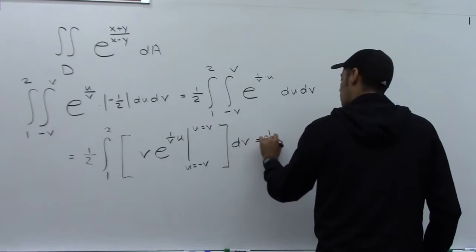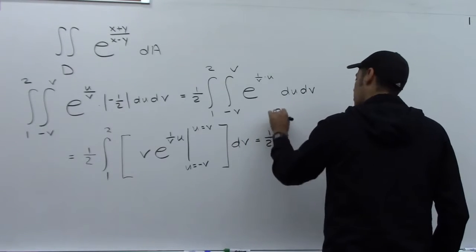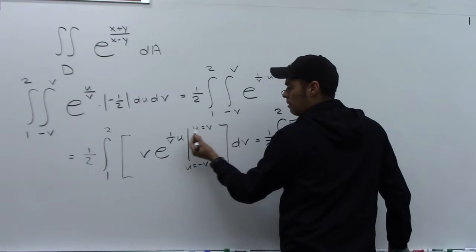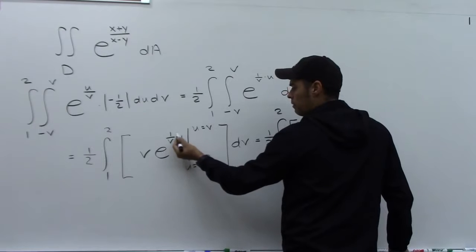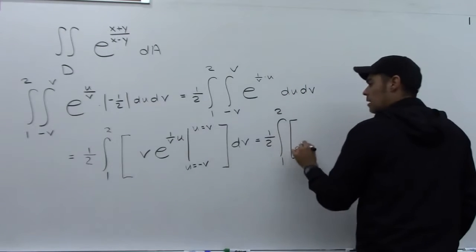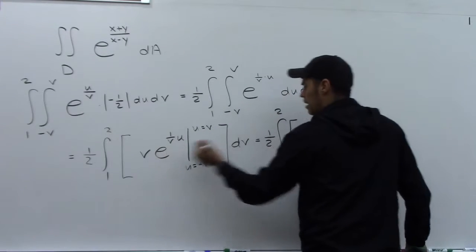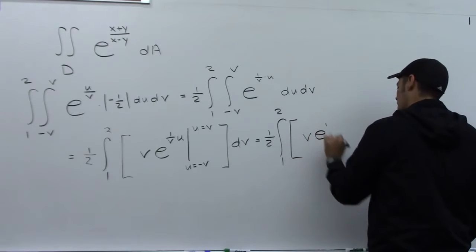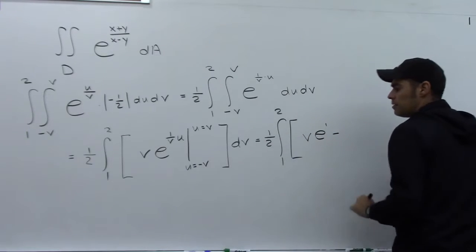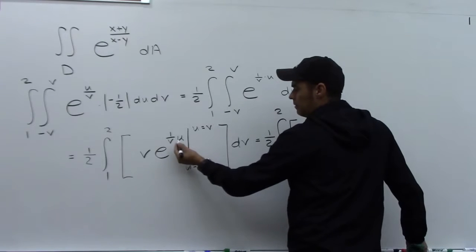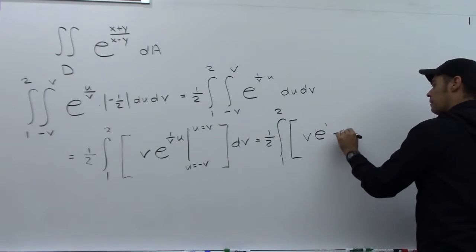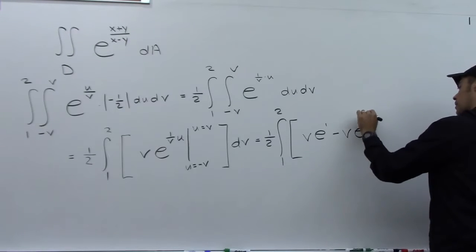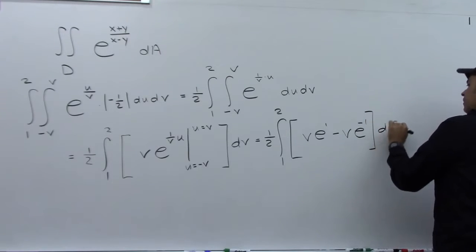So this is equal to 1/2 integral 1 to 2 of, let's see, plug in v for u, and you get 1 over v times v, that's 1. So you get v times e to the 1, so v e to the 1, that's fine. Minus, and then now plug in negative v, you get v e to the negative 1, and dv.